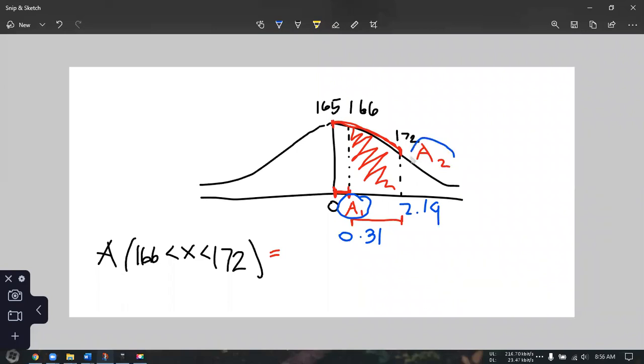For example now, how can we find the area from 166 to 172? If you're telling me that this area will be added to this area, then this area will be subtracted from 0.5. That's what you're saying, Nervin.